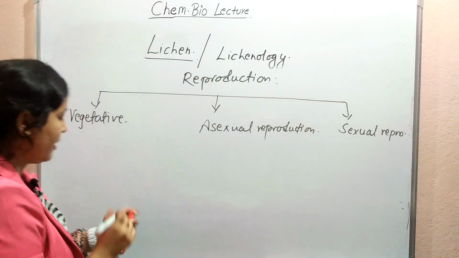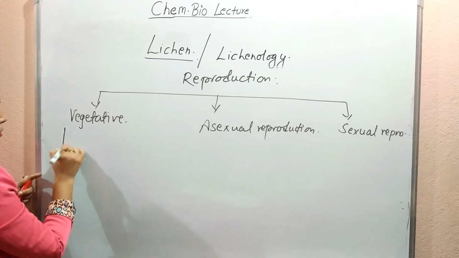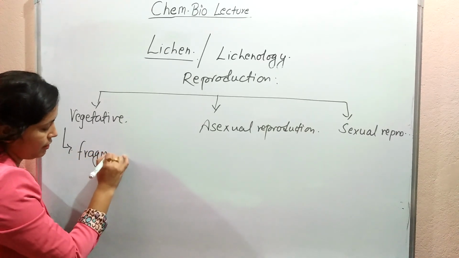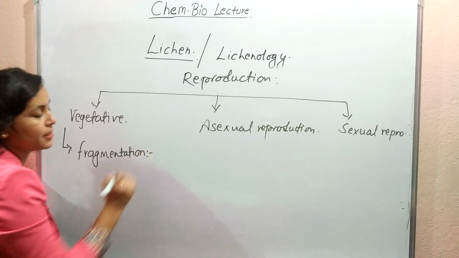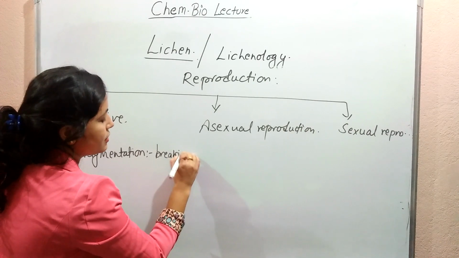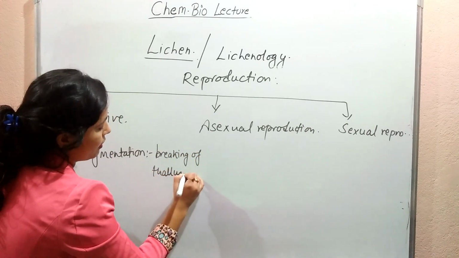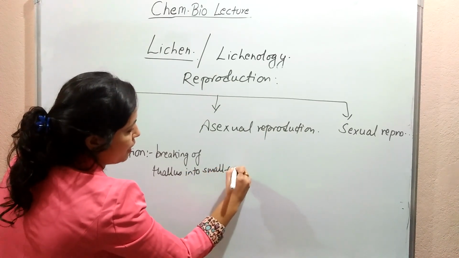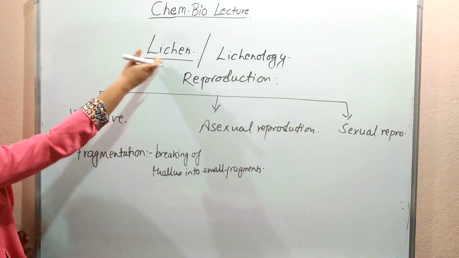Let's see how, in vegetative reproduction, they basically reproduce by the process of fragmentation. When we say fragmentation, it means what? Breaking of the thallus into small fragments, and each fragment develops into a new thallus of lichen.